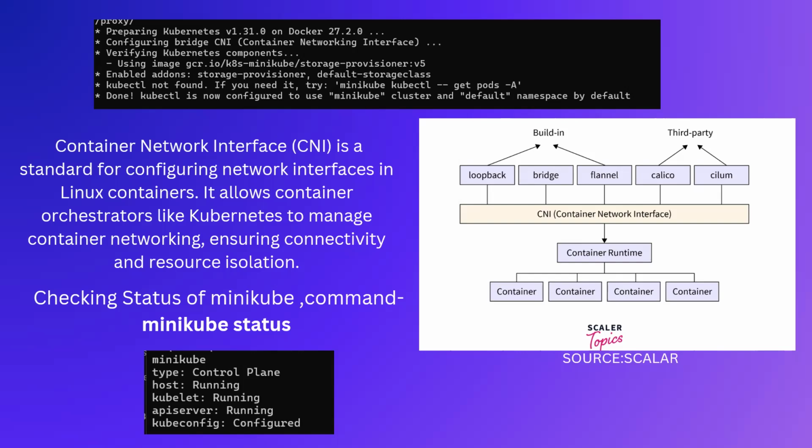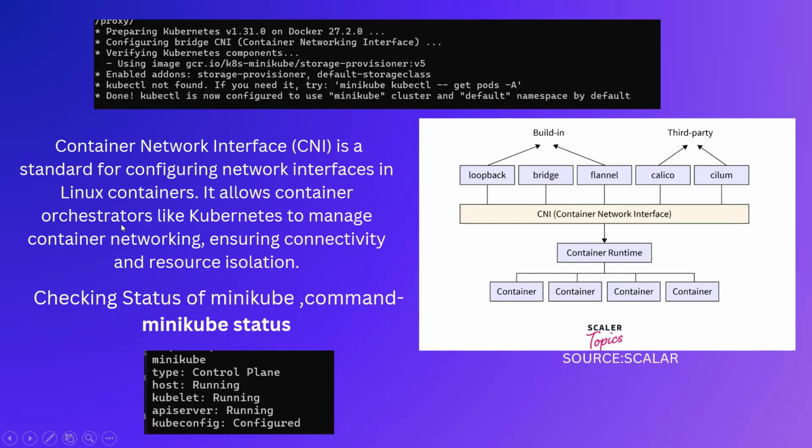It is used to configure containers to a network. These containers must be running with the help of that network. It is used to connect containers to a network. Okay, so CNI is a standard for configuring network interfaces in Linux containers.